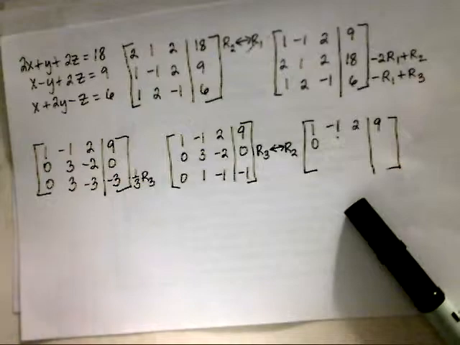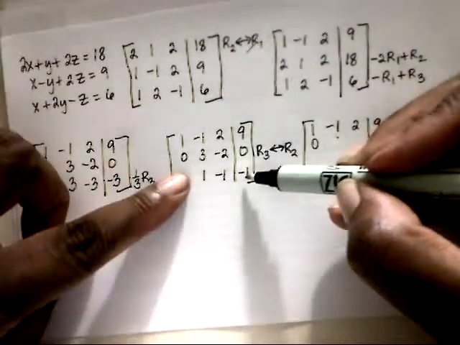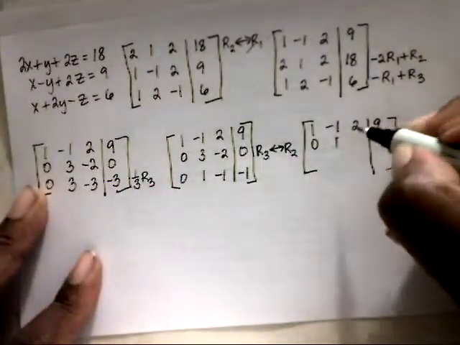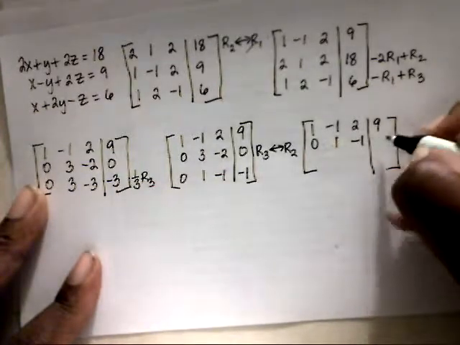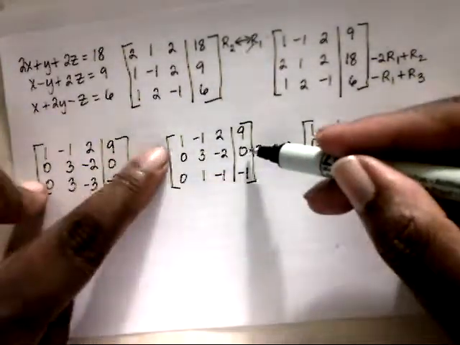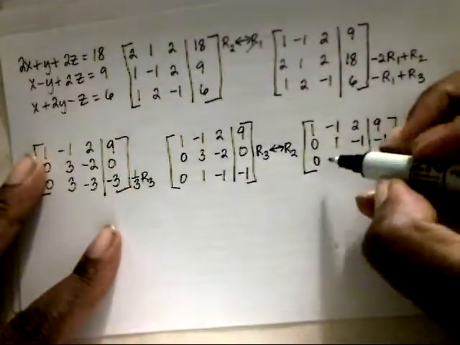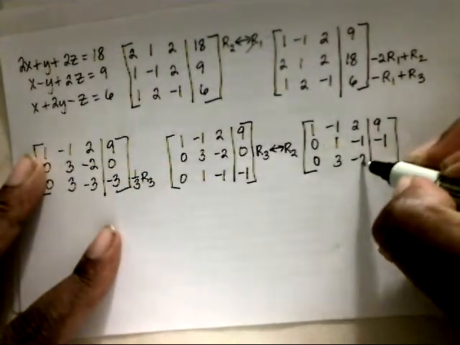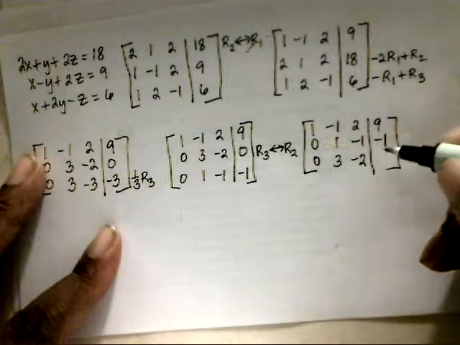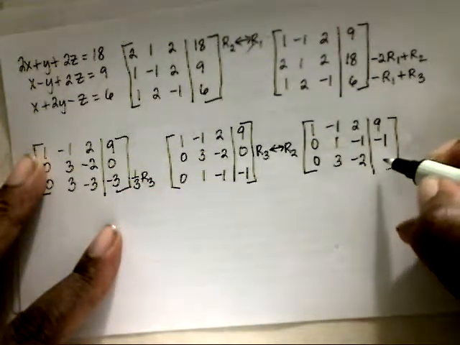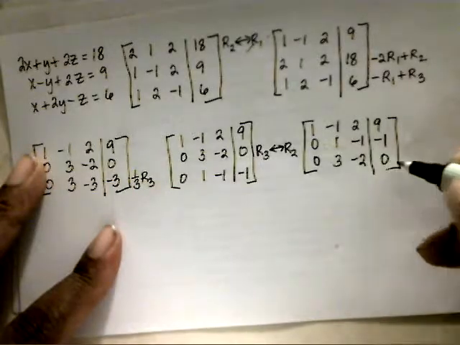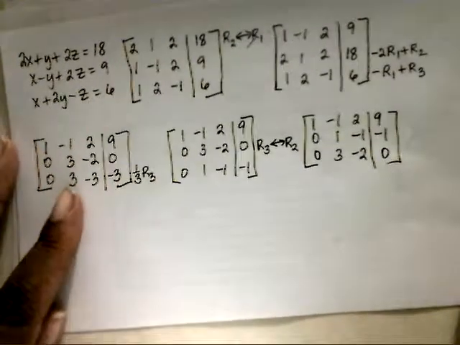So in this case, this goes up here. That's going to be 0, 1, negative 1, negative 1. And this row 2 will become row 3: 0, 3, negative 2, and 0.